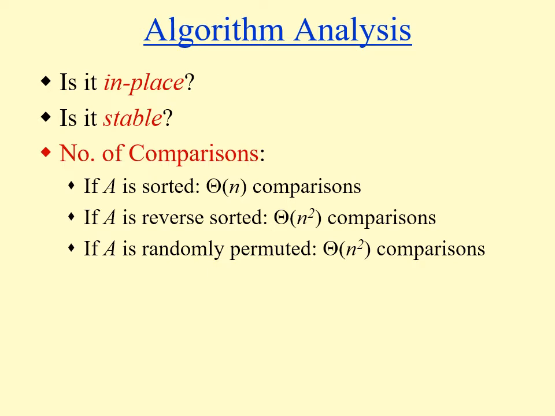If it's randomly permuted, then it is also theta of n squared. You can think that there's only a half chance line 5 and line 6 will be executed, so we still need to run the inner loop, maybe reduced by half. So it's n times n over 2, which is still n squared. So the complexity will be theta of n squared.